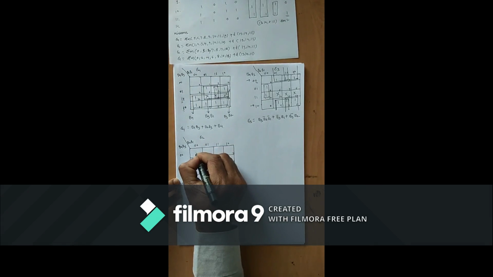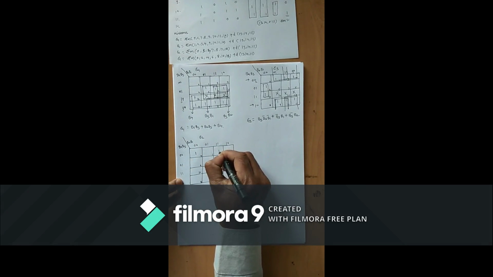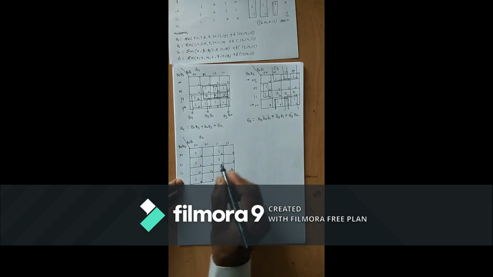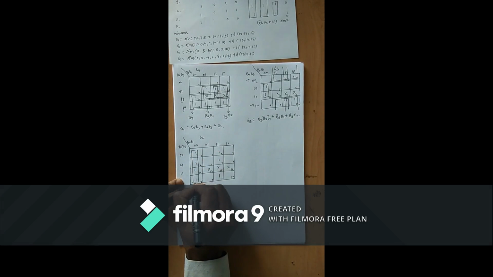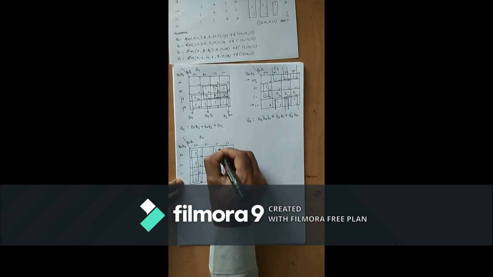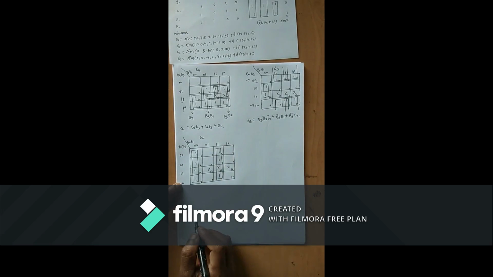The minterms are 0, 3, 4, 7, 8, 11 and 12, and don't care conditions are here. So here we can easily form the chord, and the remaining are all empty cells, or you can represent them with 0, no problem.